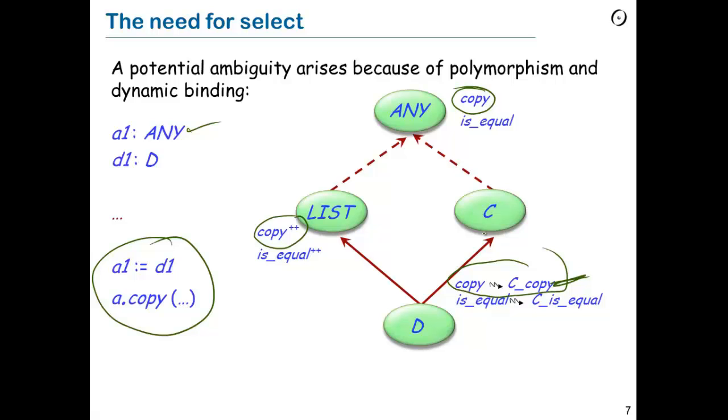But now for something like a1.copy, and sorry for the typo here, it should say a1.copy, we have an ambiguity. Are we going to use the LIST version or the C version, which is really copy from ANY?